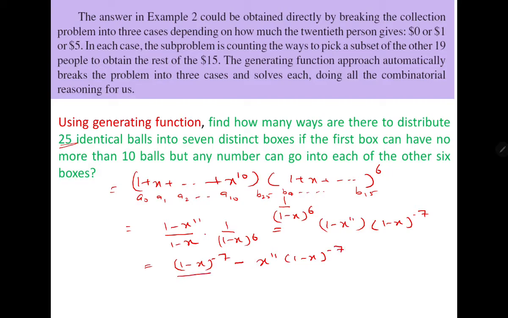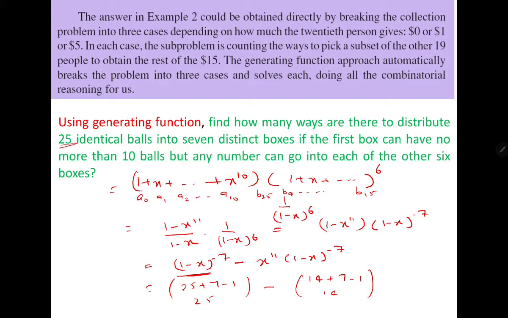So now from here I need the coefficient of x raised to the power 25, which is 25 plus 7 minus 1, 7 boxes are there, and 25 minus x raised to the power 11 is already there. So it means that I need the coefficient of x raised to the power 14, which is 14 plus 7 minus 1 and 14.